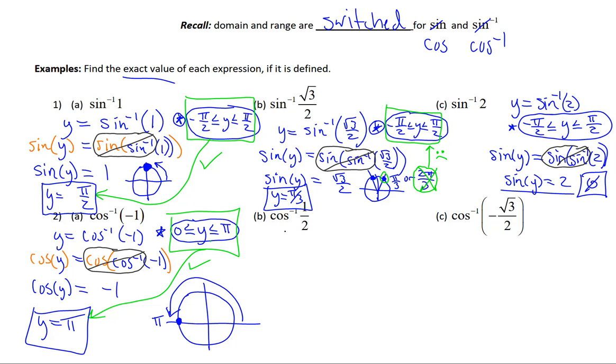To the right here we have cosine inverse of 1/2. Same process, let's walk through it. We're going to set that as y equals cosine inverse of 1/2. Of course, we'll immediately write the restriction on y, the output for the cosine inverse. Same thing as before, y has to be between 0 and pi. If y is an output for cosine inverse, that's the range of cosine inverse.